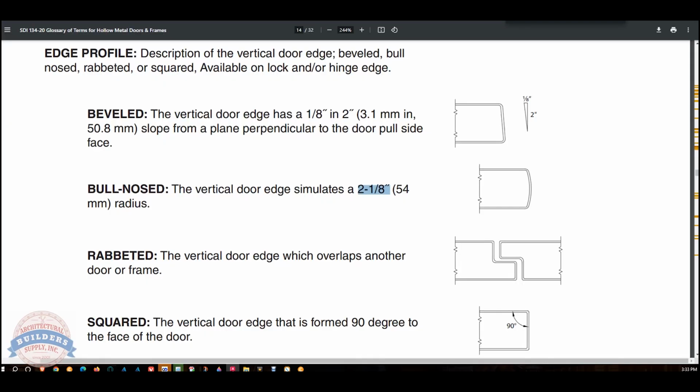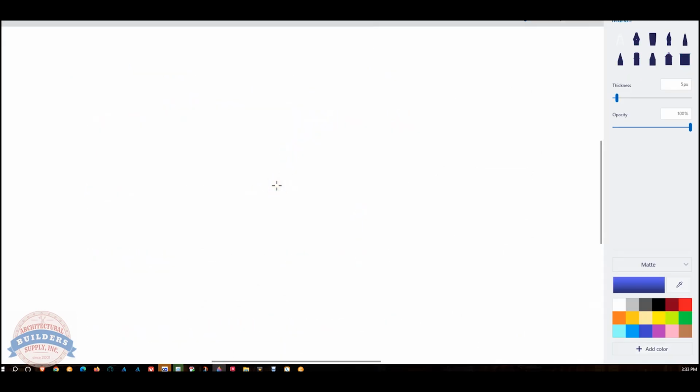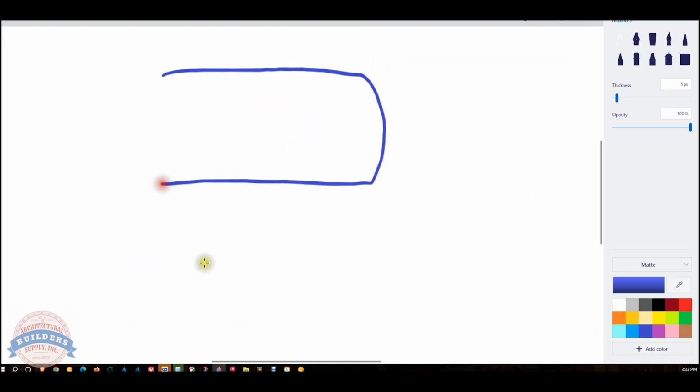And then I had mentioned backset when I was using these in terms of backset. It is important to note that your backset is the distance from the edge of the door to the center of something, the hole. Here's a square edge door.